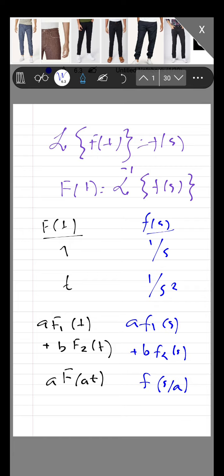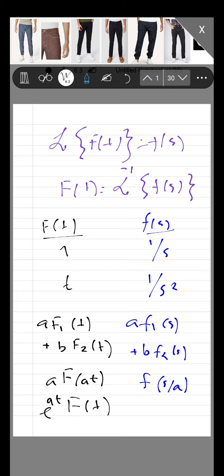And if the function is e to the power at multiplied by f(t), then the Laplace transform will be F(s minus a).